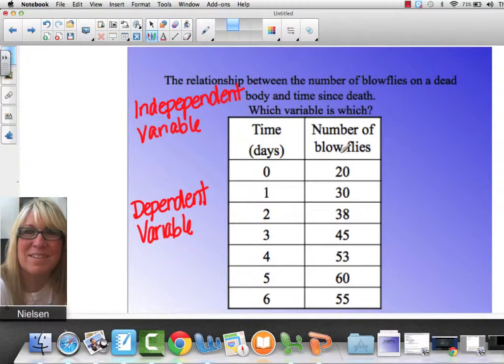So, can you change the number of blowflies on a dead body? Probably not, but you can certainly change the time, how many days that you're measuring your experiment over. So the independent variable in this case would be time, and the dependent variable is the number of blowflies.